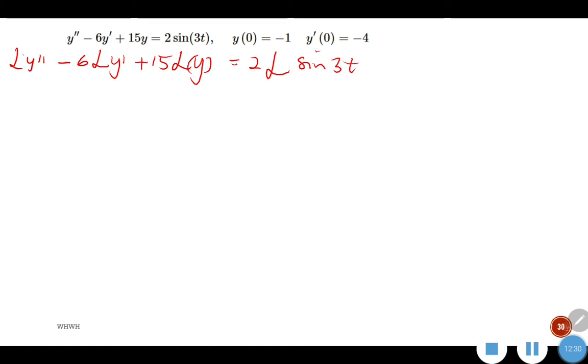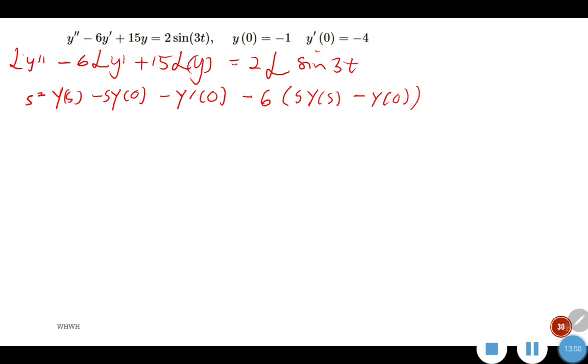So from here we will get s square Y(s) for y double prime, minus s y0, and then minus y prime 0. And then minus 6 Laplace of y prime, you will get s Y(s) minus y0, and then plus 15 Y(s).